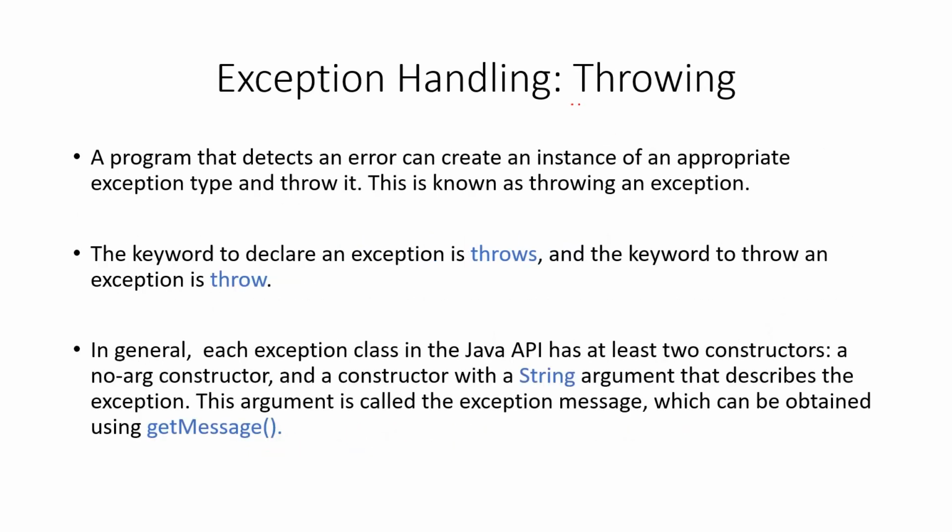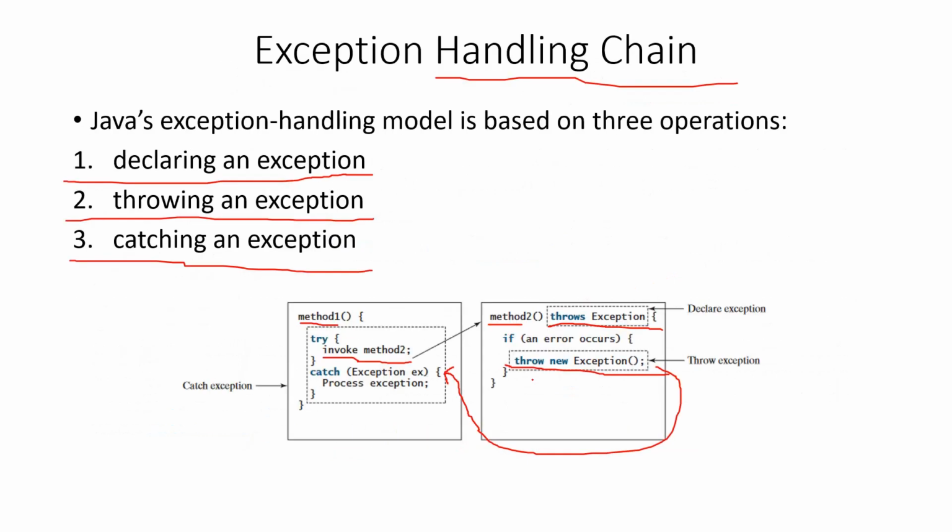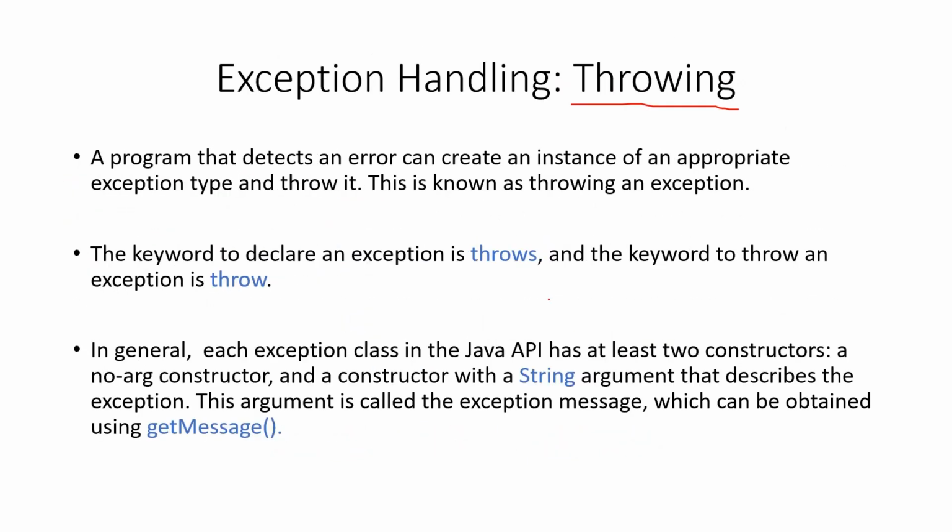Second is throwing. This is the case when we have actually found our exception, and we want to return that exception back to our method 1. So here, this is a throwing exception. The throwing is used with the keyword throw.